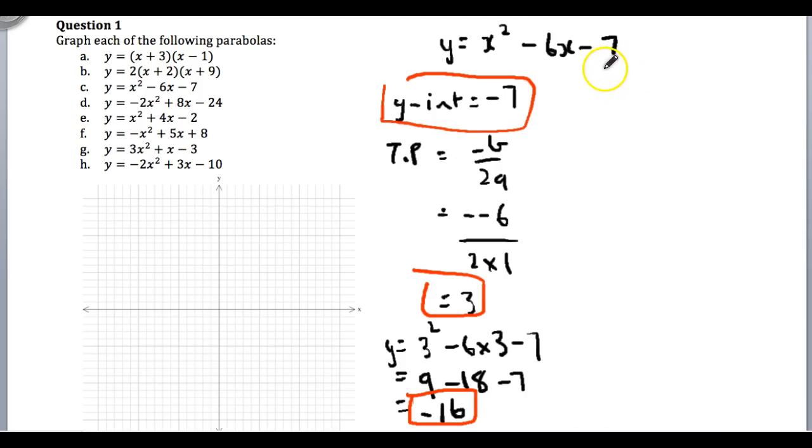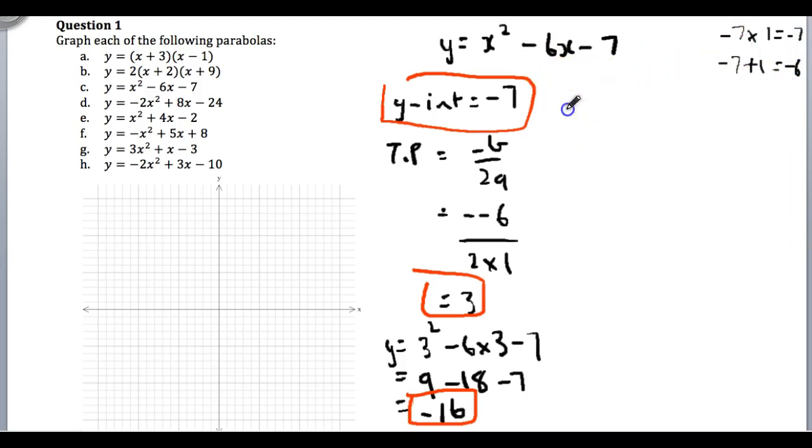Remember, two numbers when multiplied will give you -7, and when added will give you -6. So think of the factors of 7. Basically, we only have 7 and 1. 7 times 1 will give you 7. But we've got -7, so one of these numbers has to be negative. And when you add them, you have to get -6. So if I make the number 7 negative, that gives me -7, and when I add them, I get -6.